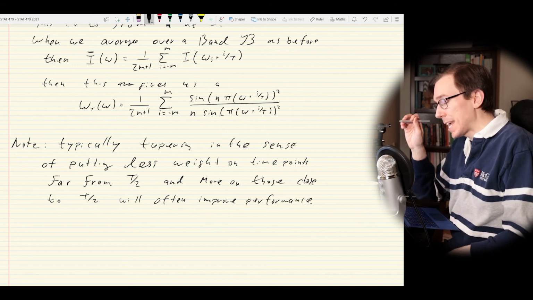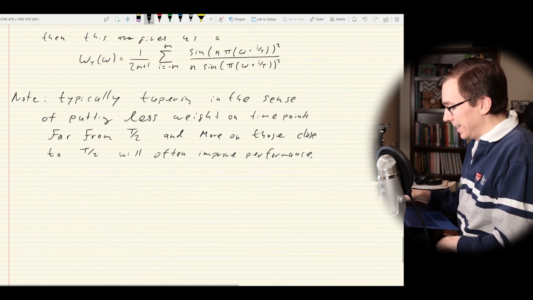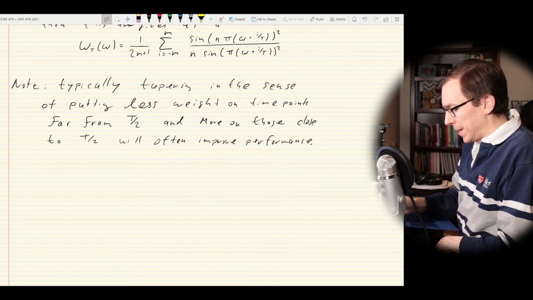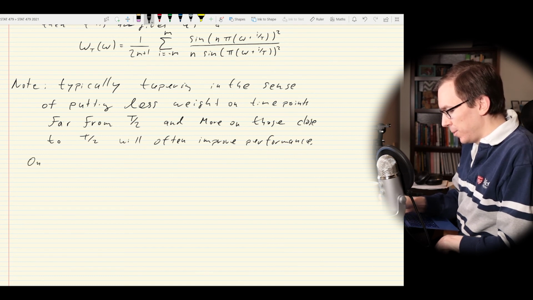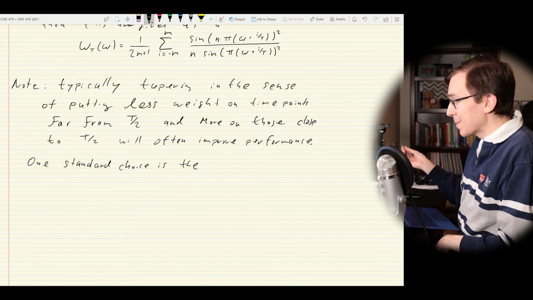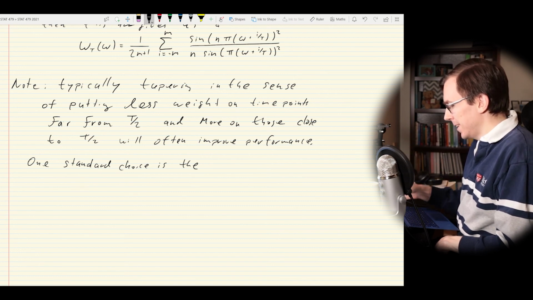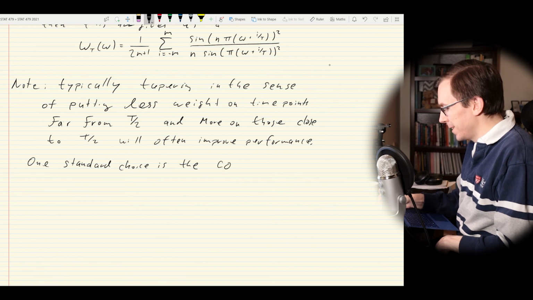And we'll look at some examples of this when we do some R code, but roughly, one standard choice, and here's more terminology, is the cosine taper. Okay, simple enough.